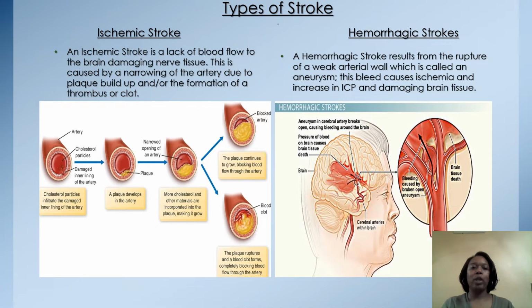So in both instances, the brain tissue does suffer impairment of oxygen and nutrients, and death is usually a result of this brain tissue being deprived of oxygenation as well as vital nutrients such as glucose that is needed. And then there's also a buildup of lactic acid and other waste products due to the injury to the brain tissue.